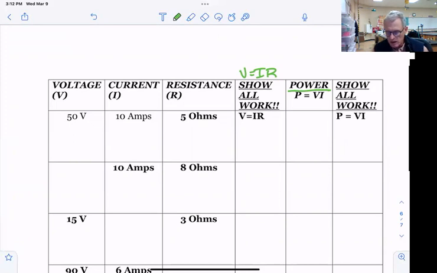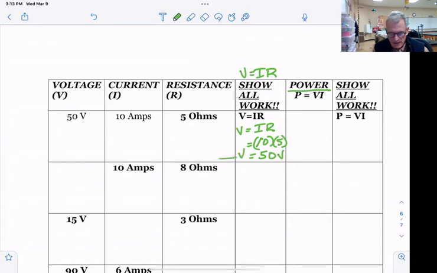V equals IR, so we want to find that. IR is 10 times 5. It's equal to 50 volts. You notice that's the number here, right?